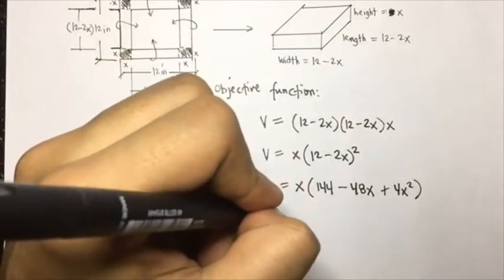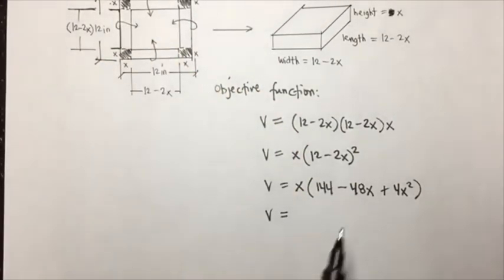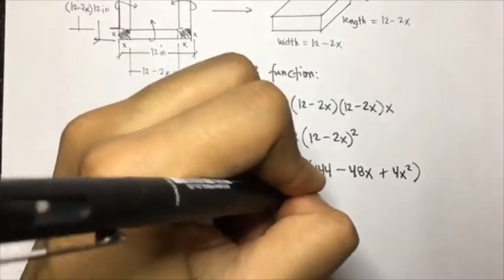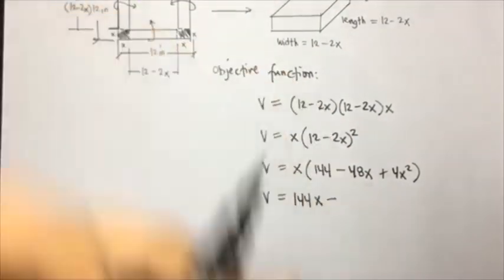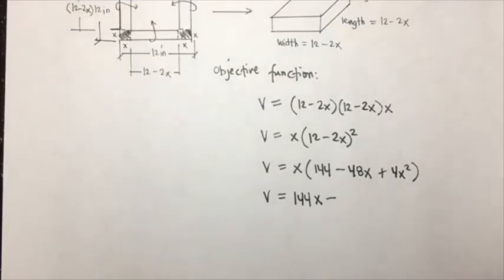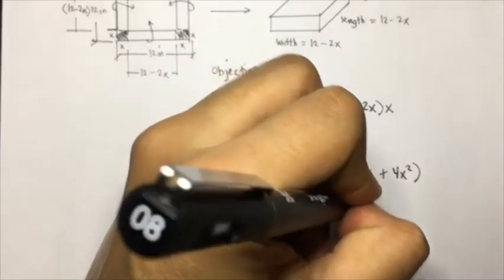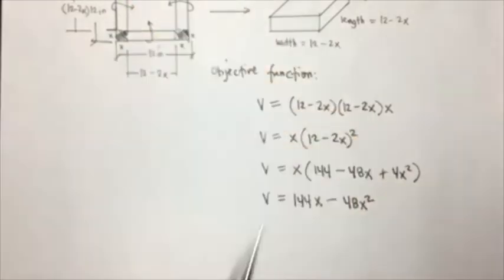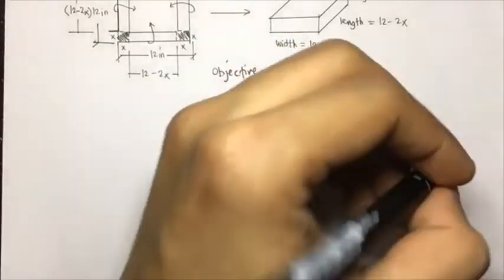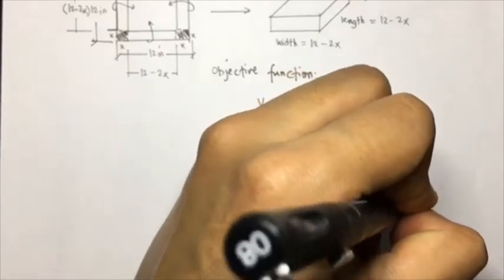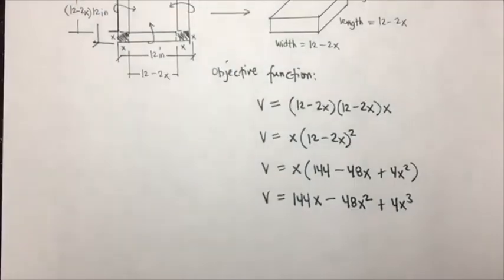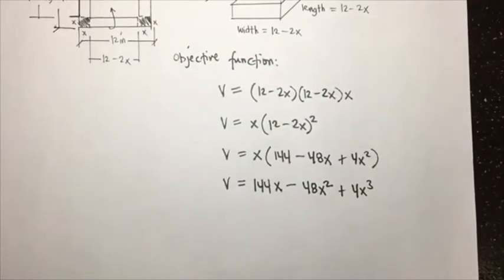Then we can distribute x, so V is equal to 144x minus 48x squared plus 4x cubed.